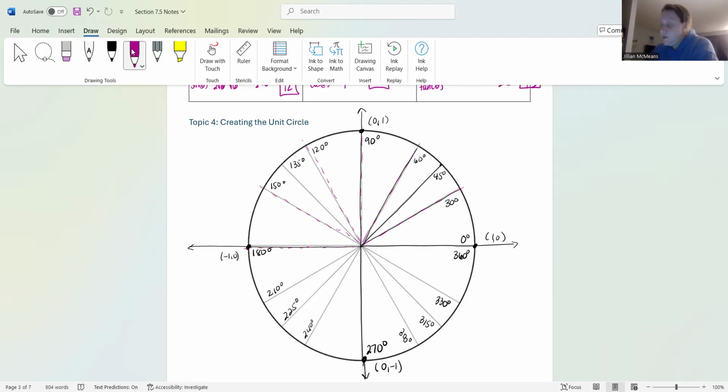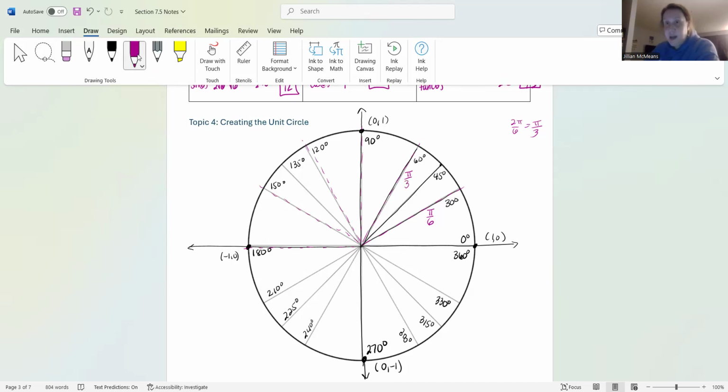So if we do this first one, we're taking pi and we're splitting it into 6 equal pieces. So that makes this pi over 6. That makes this 60 degrees 2 pi over 6, which if we reduce it is really pi over 3. Don't put 6, put 3. Okay.